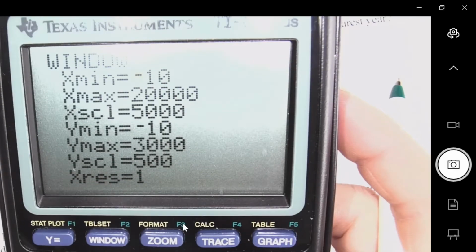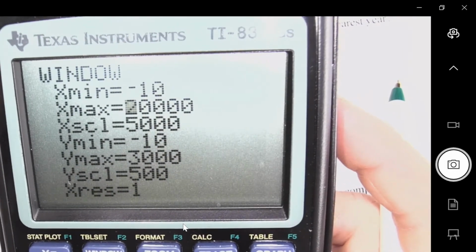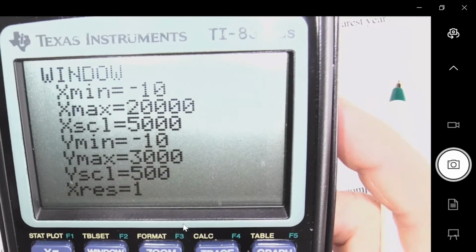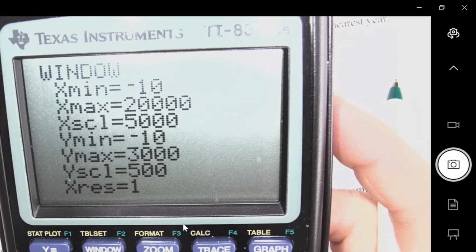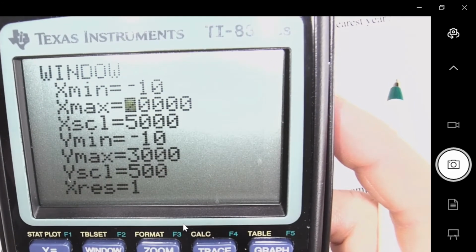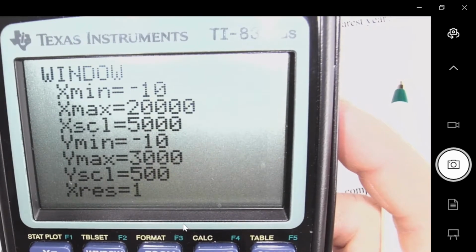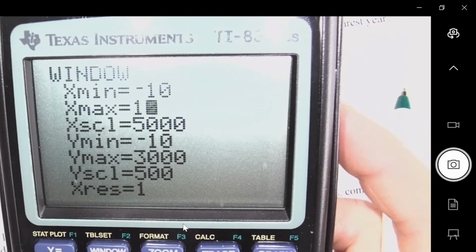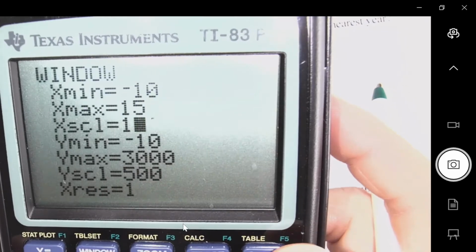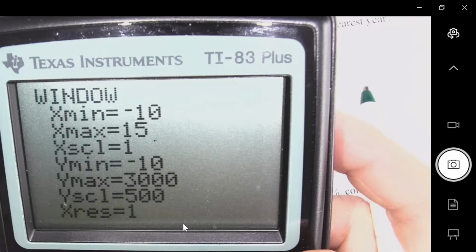Okay, X is the years. You have to have a prediction. How many years do you think it will take to double your money? I don't know. I'm just gonna go like 15, but if we need to change it, we can.